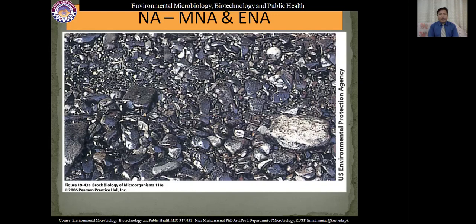Okay, natural attenuation we can see over here. We are talking about natural attenuation, monitored natural attenuation, and enhanced natural attenuation. Natural attenuation is the process where pollution happens, where a pollutant is spilled.